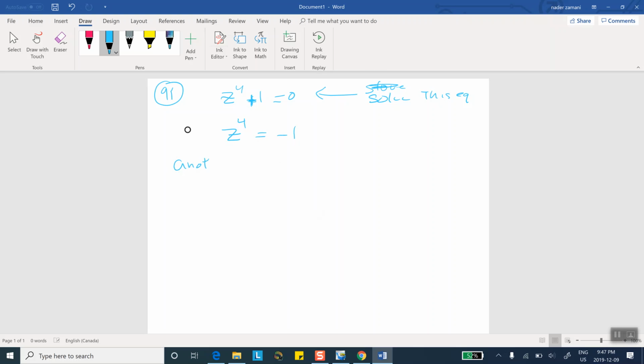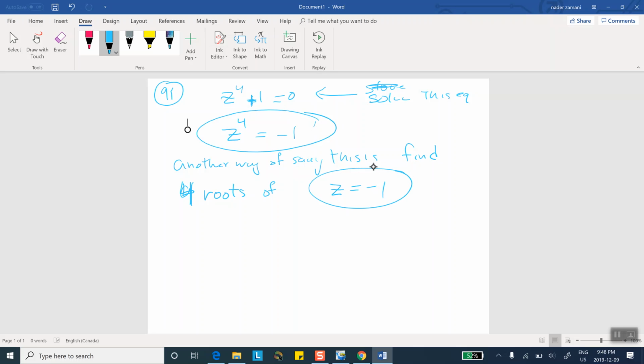Another way of saying this is find the 4 roots, or all roots, of Z equal to minus 1. So this is fine. There's nothing wrong with it, except that it's equivalent to saying find the 4 roots of minus 1. Okay? Now, we have done problems.